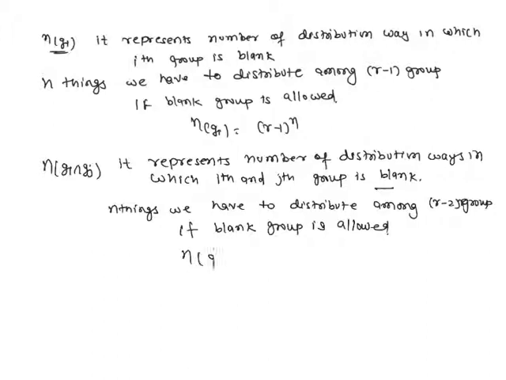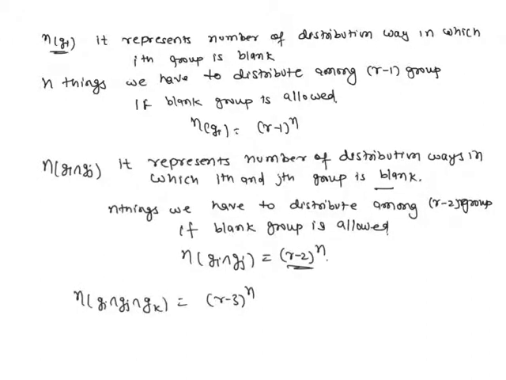So n(Gi ∩ Gj) is nothing but (r−2)^n. Similarly, n(Gi ∩ Gj ∩ Gk) will be (r−3)^n. Similarly, n(Gi ∩ Gj ∩ Gk ∩ Gl) is nothing but (r−4)^n. Similarly, we can find other terms.